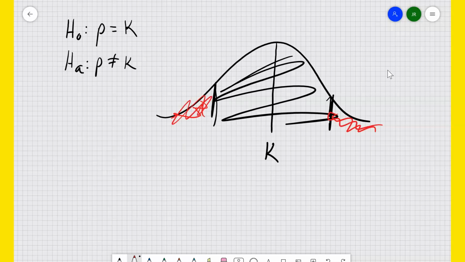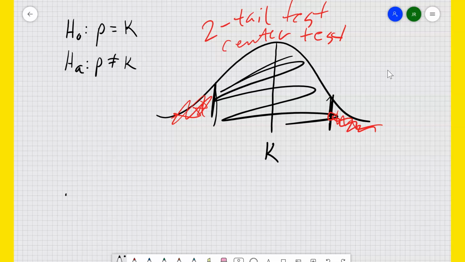All right, since we're centering around K, that is called a two-tailed test. Or you might call it a center test, because you have a center.